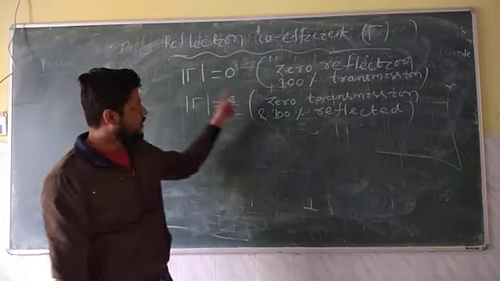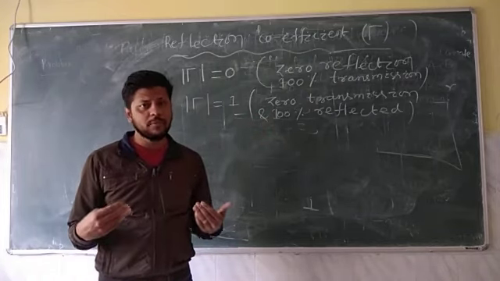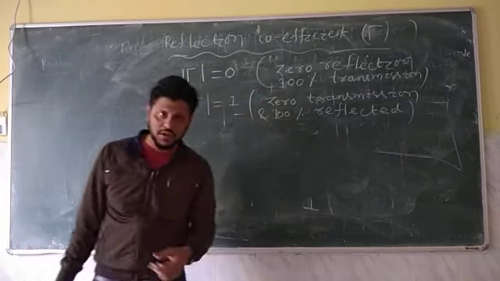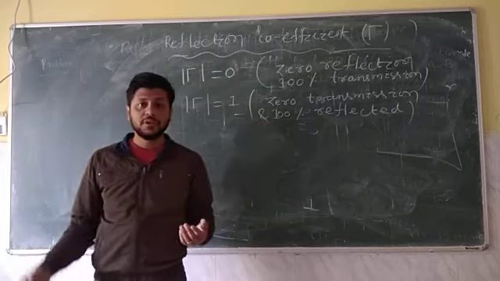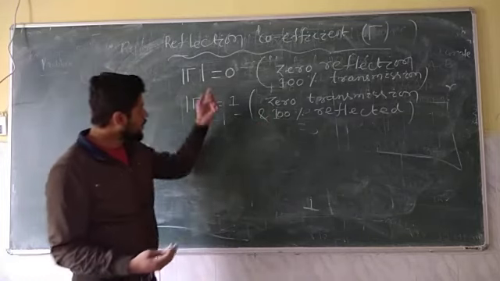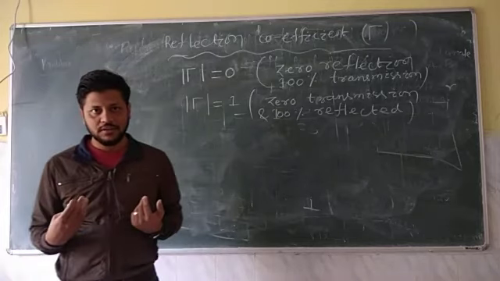If this reflection coefficient is 0, that means this is very good, the impedance will be matching and 100% transmission will occur. If this gamma magnitude is equal to 1, that means 100% reflection will occur. In between we have some transmission as well as some reflection.